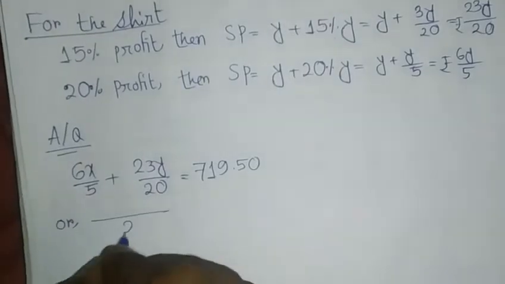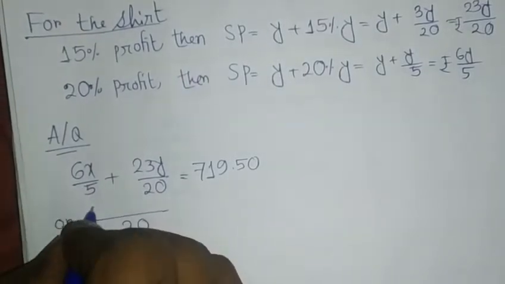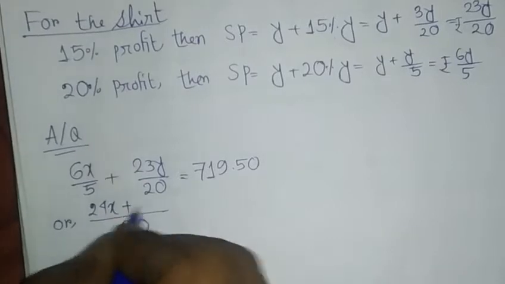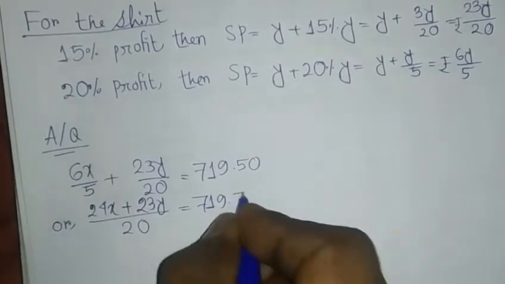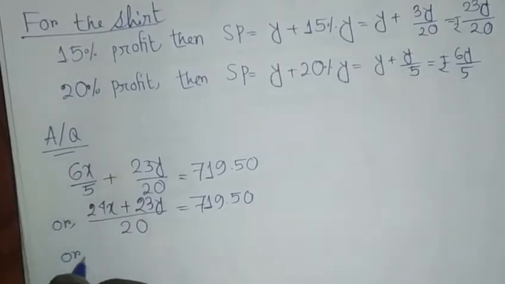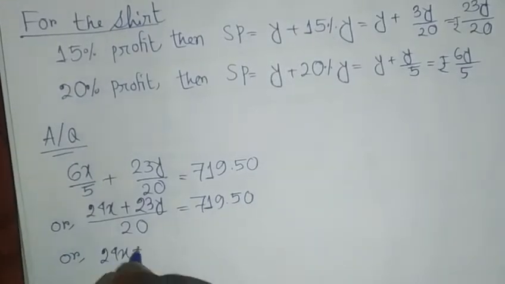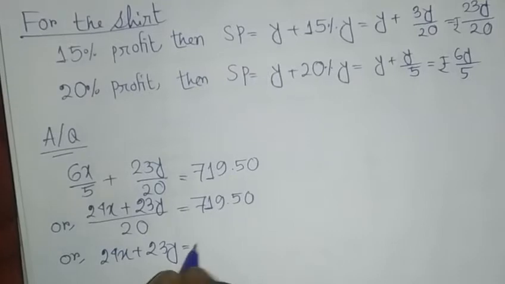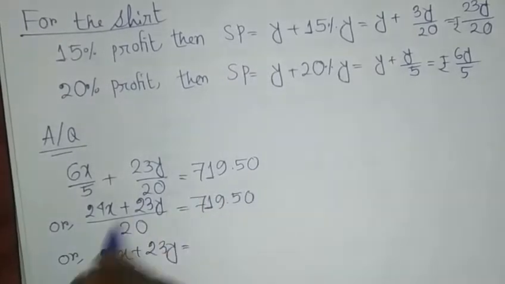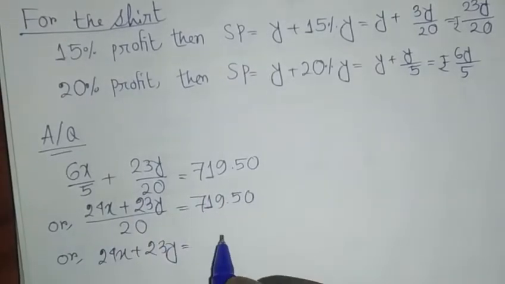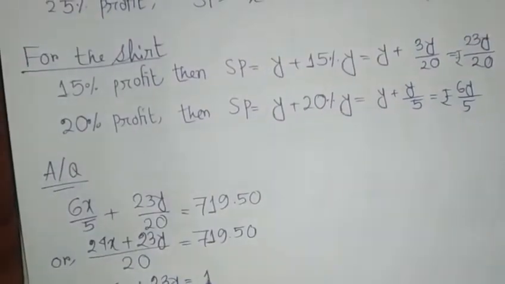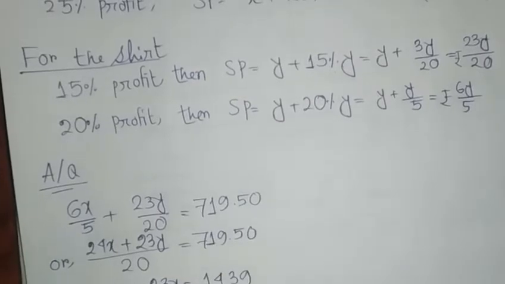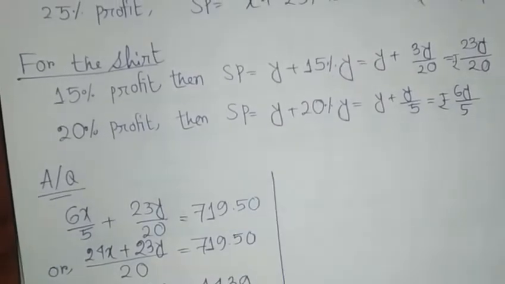We should take the LCM, 20, that is 24X plus 23Y equals 719.50 into 20, that is 14390.